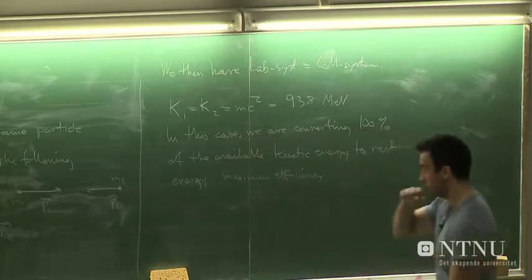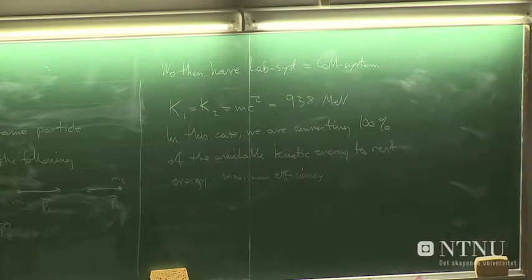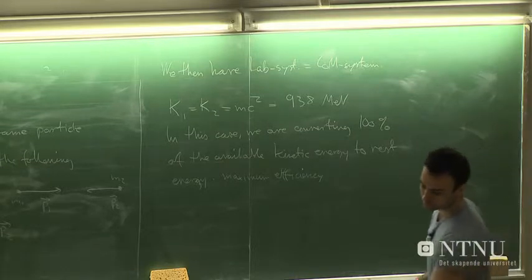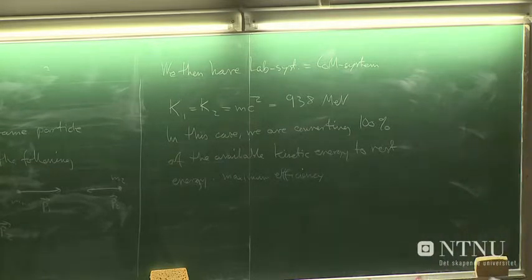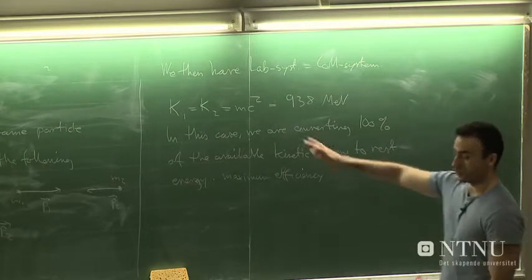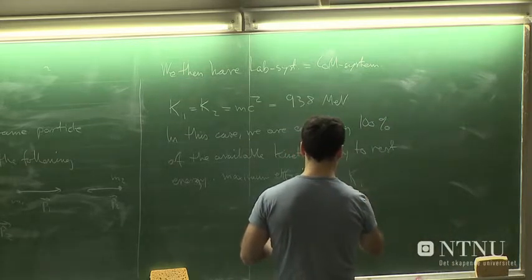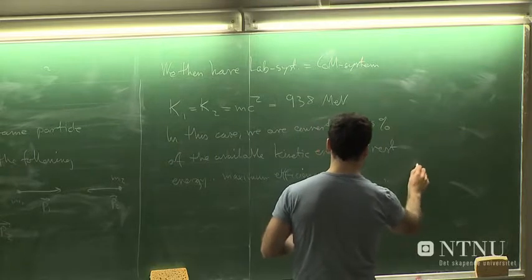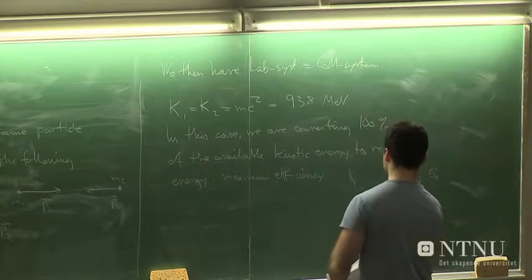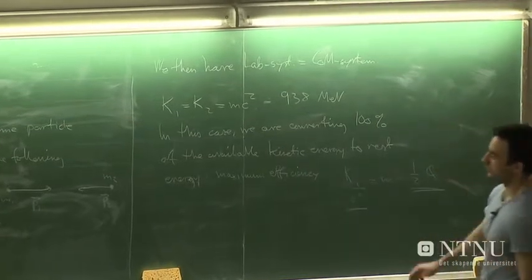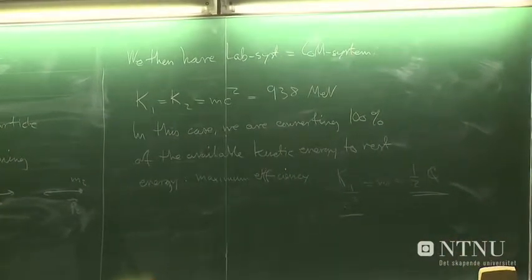So this gives us, energetically speaking, the most economical situation. It's the most efficient scenario. So we see here now that the threshold energy is just 1/2 of the Q value of the reaction.